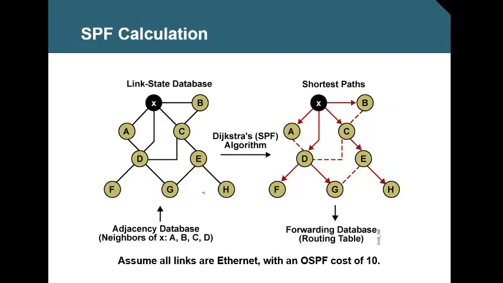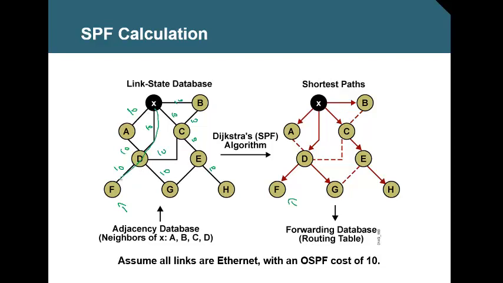Let's say if I want to go to destination F, assuming each link cost is 10. Each link, what is the cost? 10, 10, 10, 10, 10, 10. Each link cost is 10. So to reach F, if I take this path, it is 10 plus 10, 20.